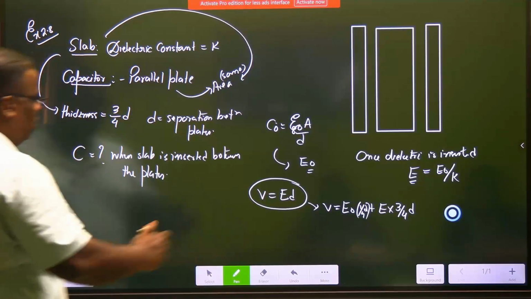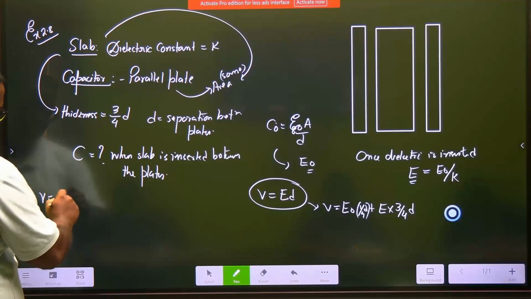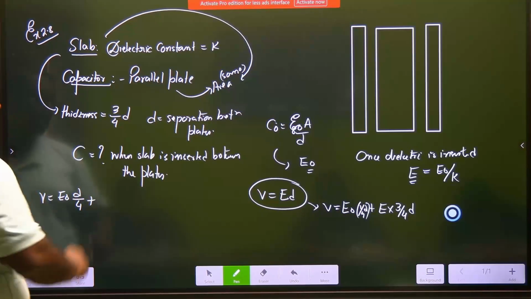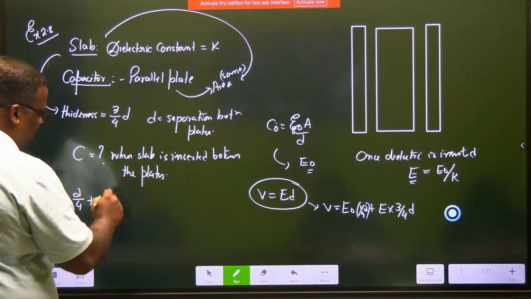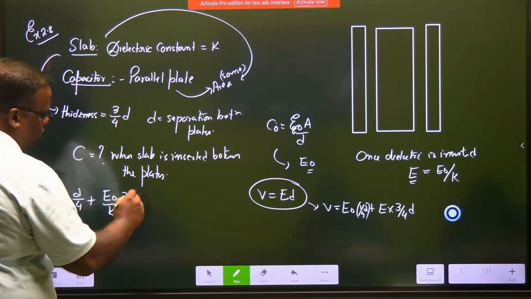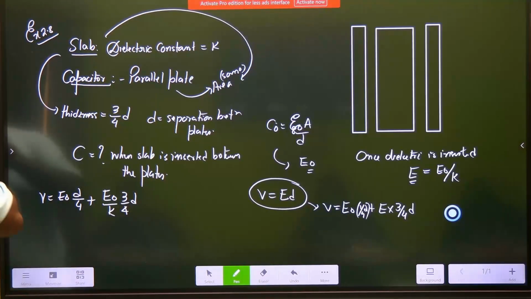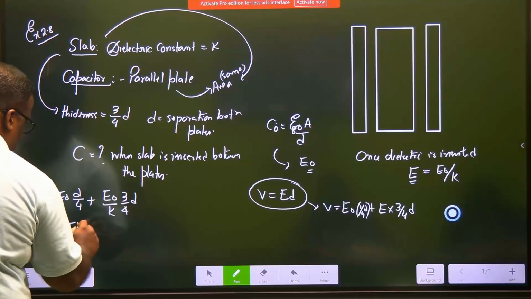Now, how do you solve this? So we will write V is equal to E0 into D by 4, and instead of E we can write E0 by K times 3/4 of D. Okay? So ultimately E0 D can be taken out as common.